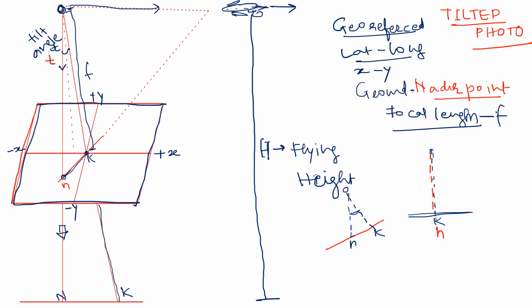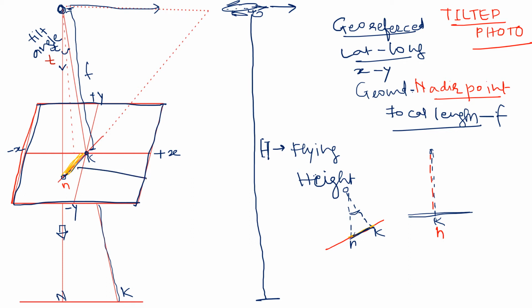There is one more line which joins these two points. I'll take a different color, yellow, and explain. In this diagram, I am joining these two points.